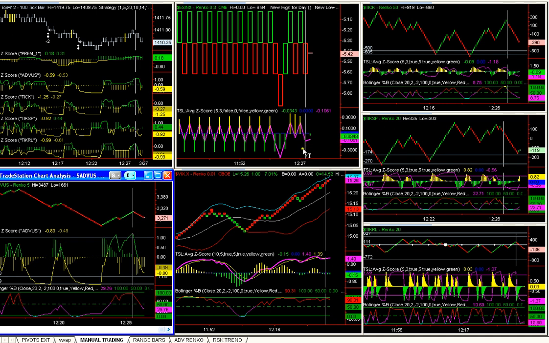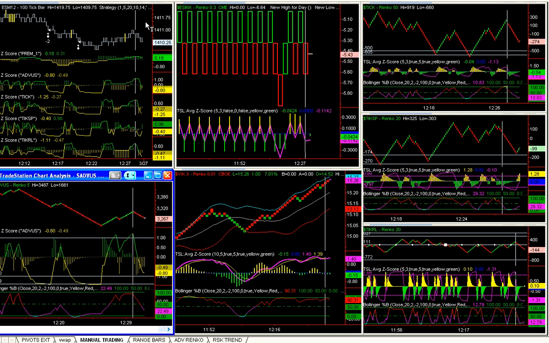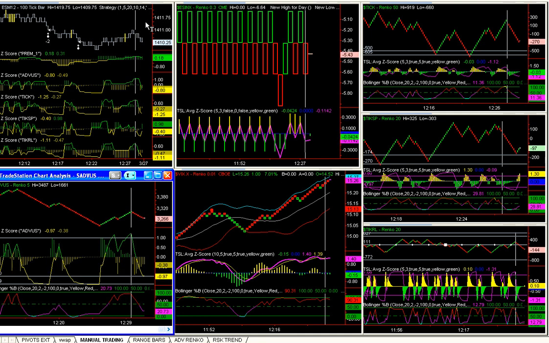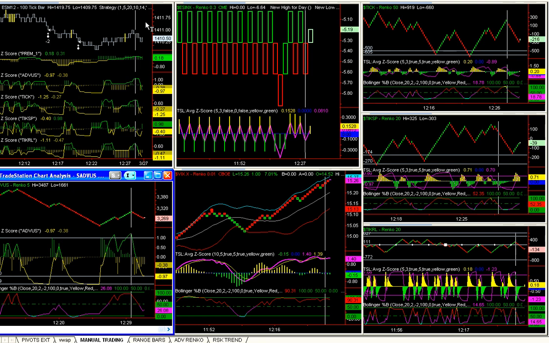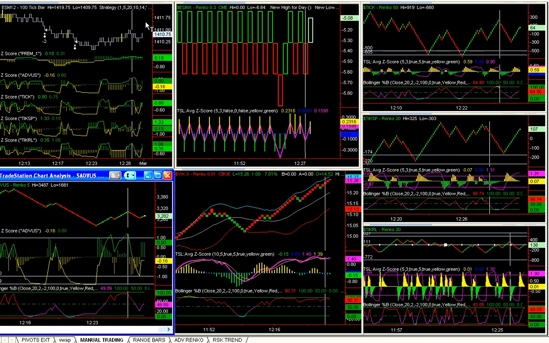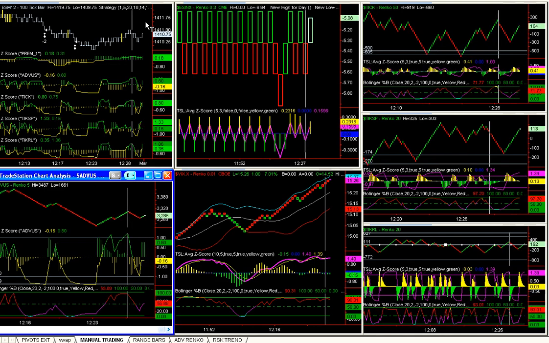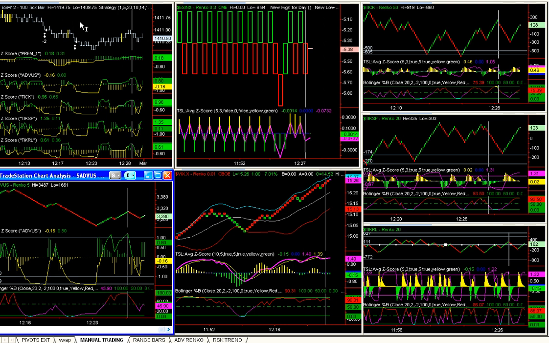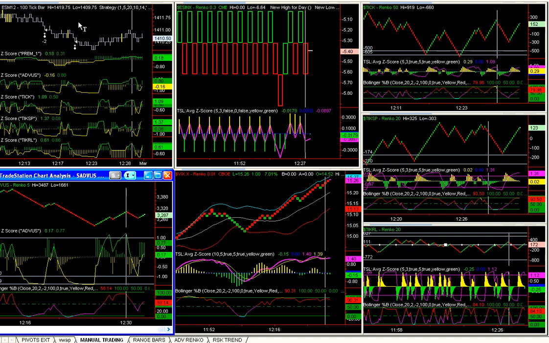At least it was, well, it's still ticking down. So you could have shorted that, right? You could take a little short there. You've got a high probability that this is moving down. 1409.5. There's about a point there. So we'll just give this some more time.